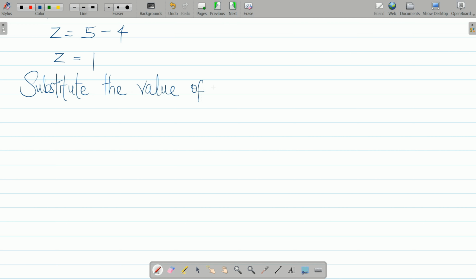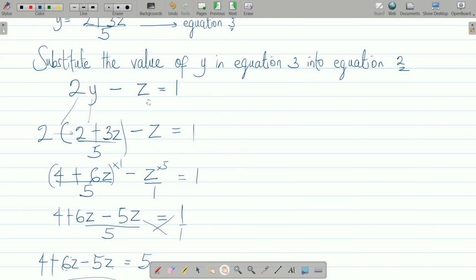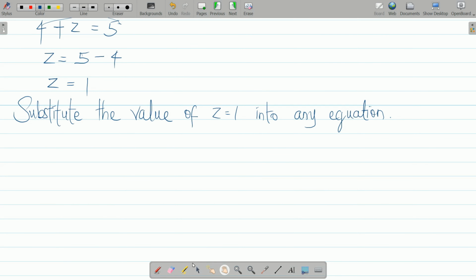Now we can substitute the value of z into any equation of our choice. For me, I will choose equation 2. Then we can write 2y minus z equals 1.